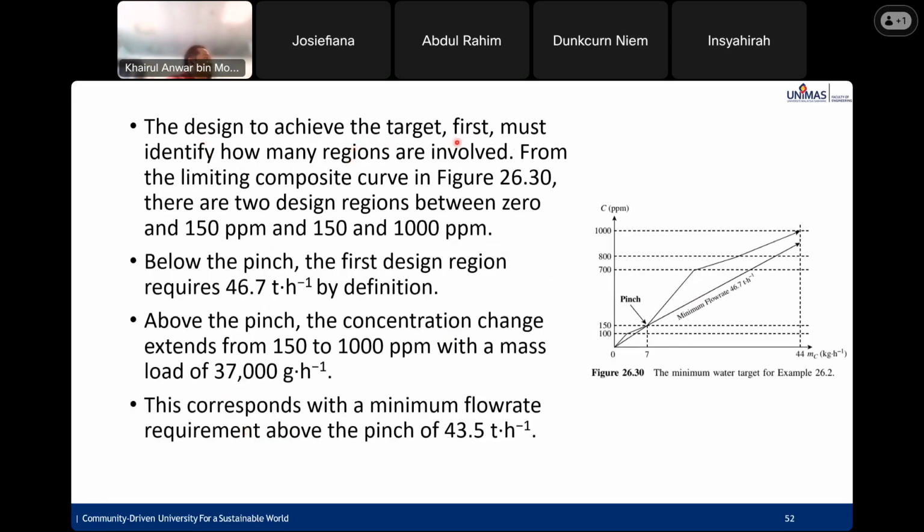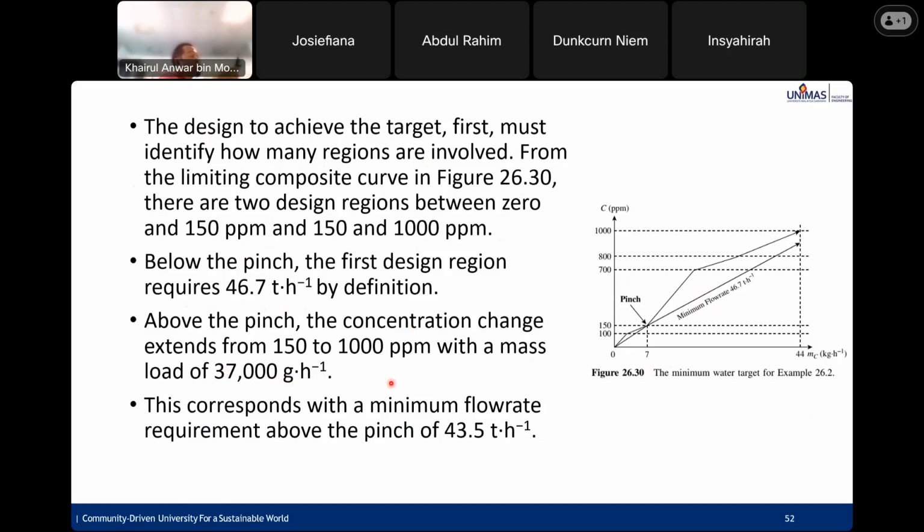To design to achieve the target, first we must identify how many regions are involved. From the limiting composite curve in 26.30, there are 2 design regions, between 0 and 150 ppm, and 150 and 1000 ppm. So 2 regions, below and above the pinch. Below the pinch, the first design region requires 46.7 by definition. Above the pinch, the concentration change extends from 150 to 1000 ppm with the mass load of 37,000 gram per hour.